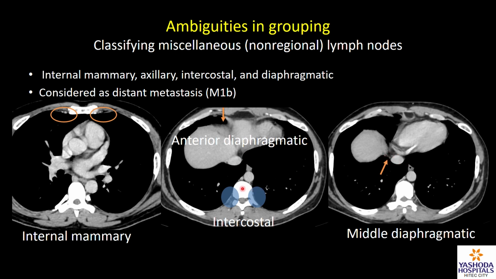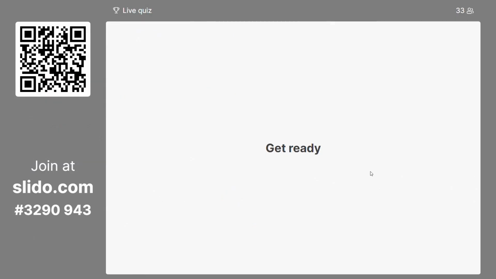There could also be nodes along the intercostal spaces, the intercostal nodes. If these nodes are involved in any particular pathology, especially in lung cancer, they should be considered as metastatic disease rather than nodal disease. And the lower diaphragmatic and IVC nodes are very commonly seen in patients with cirrhosis.